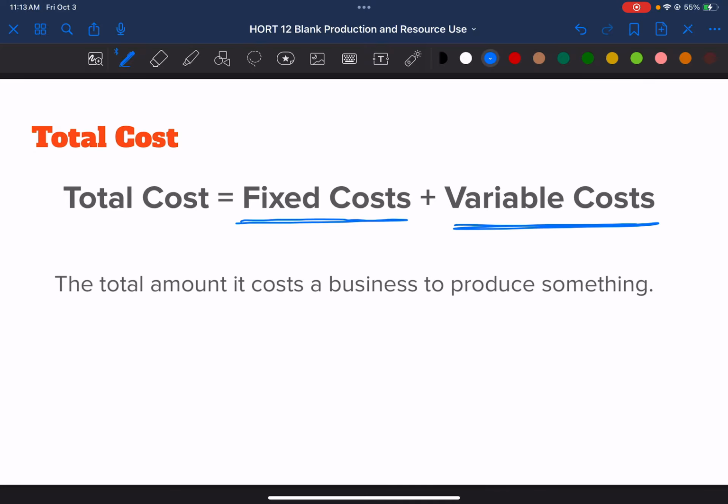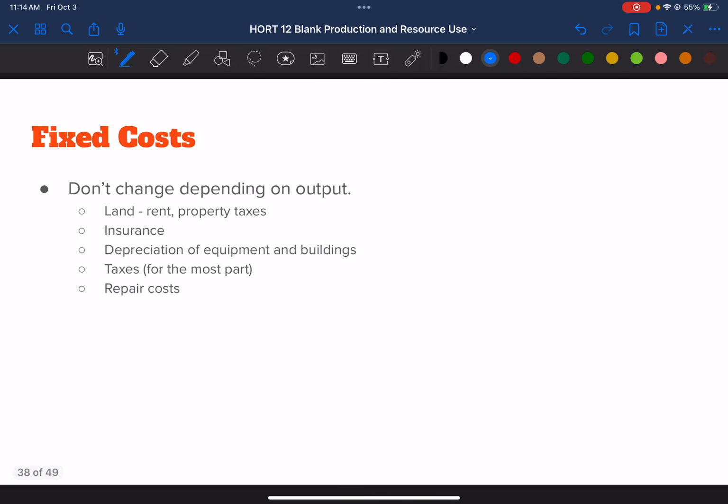So what are those? Well, fixed costs are costs that don't change depending on the level of production. So they don't really care how much you're producing. If you're producing 5 units of something or 100 units of something, the fixed costs remain the same.